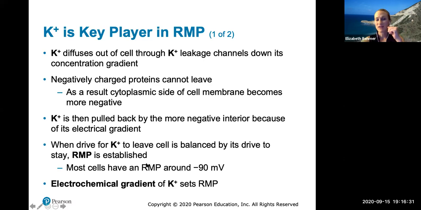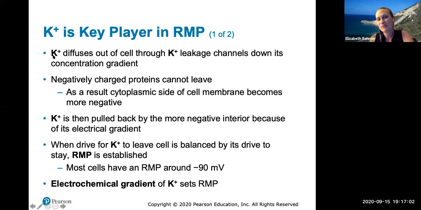Most cells have a resting membrane potential around -90. The electrochemical gradient of potassium, this positively charged ion, sets the resting membrane potential. We'll really get into this when we get to your nervous system. But it's important to know that on the cell membrane, there's a charge. Your cells' membranes are electrically charged, and we call that charge the resting membrane potential at normal, neutral homeostasis.